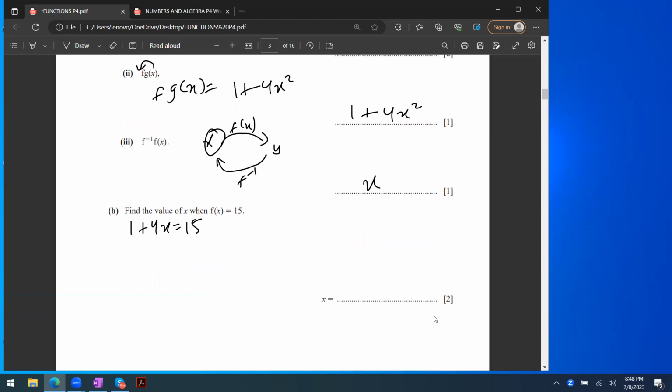That's straightforward. Okay. x is equal to 3.